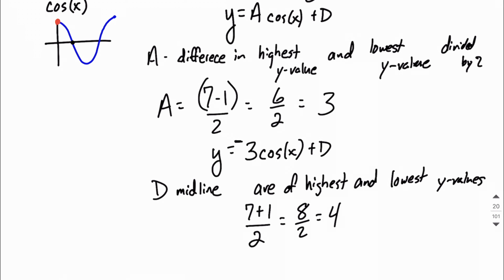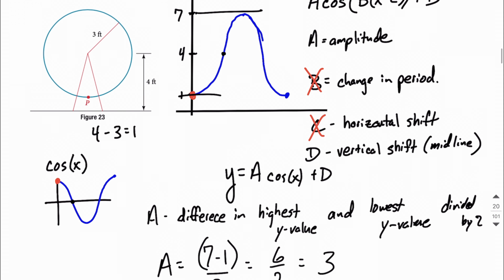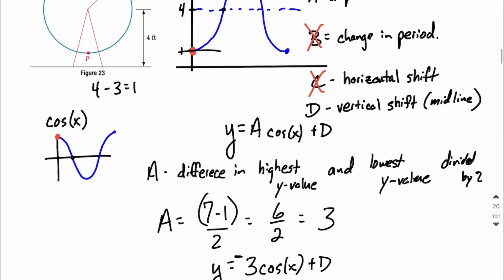All right, and as you can see, we've moved everything up 4. If we were to draw a nice line going right through the middle, hopefully that y equals 4 cuts our graph in half, right? There's half of the graph above and half of the graph below that line, y equals 4.